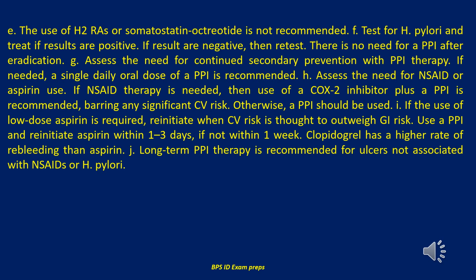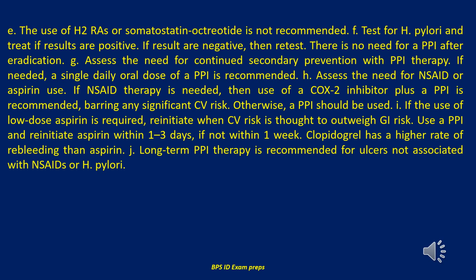H. Assess the need for NSAID or aspirin use. If NSAID therapy is needed, then use of a COX-2 inhibitor plus a PPI is recommended, barring any significant cardiovascular risk. Otherwise, a PPI should be used. If the use of low-dose aspirin is required, reinitiate when cardiovascular risk is thought to outweigh GI risk.